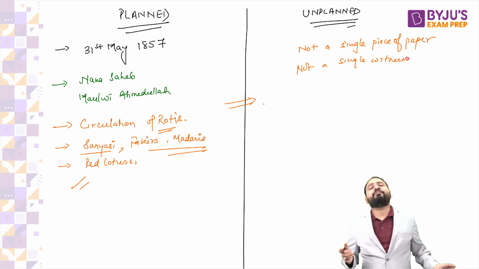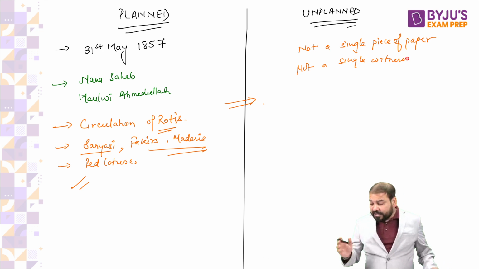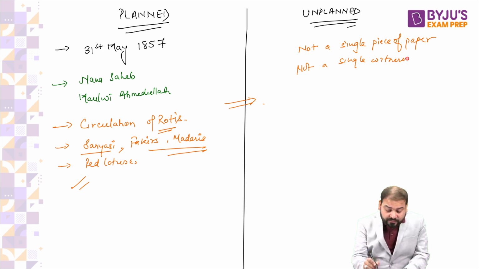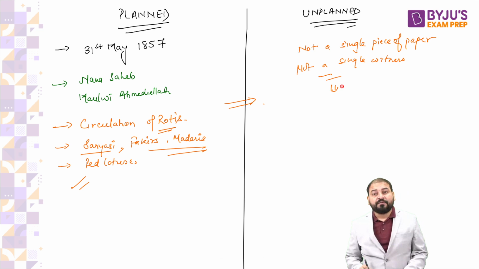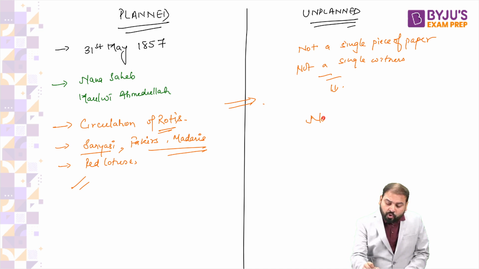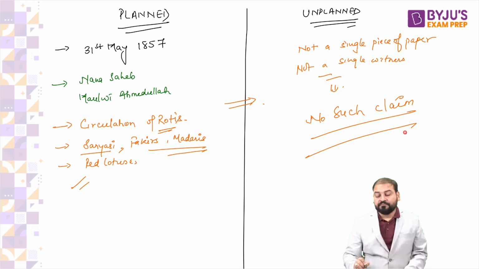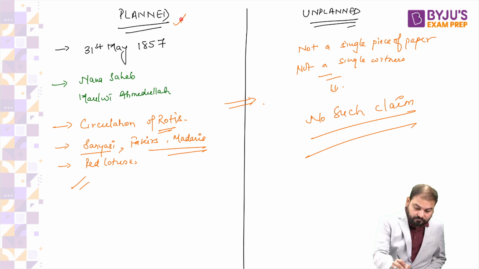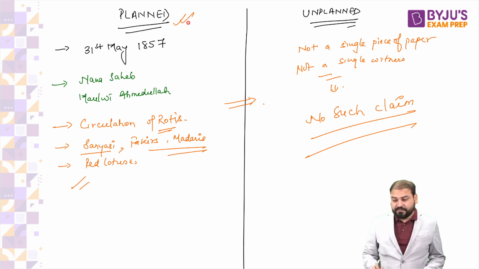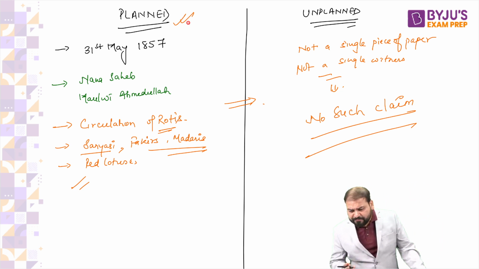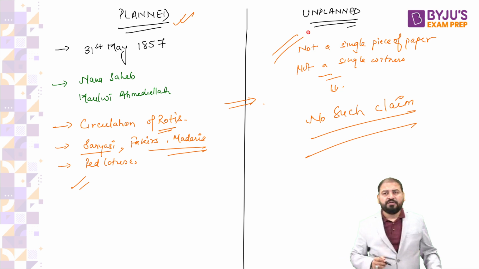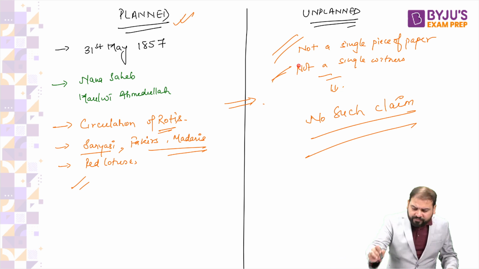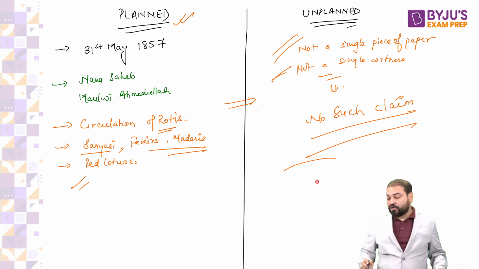Please show me even one single witness who can say that, see, it was planned. They say no such claim ever came. So their point is, if it was planned, there must have been some paper, some proof, some witness, but nothing of this sort has happened.